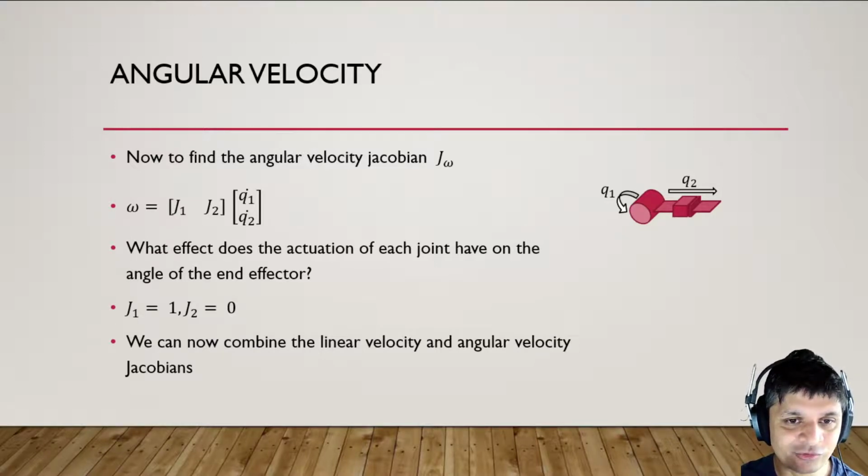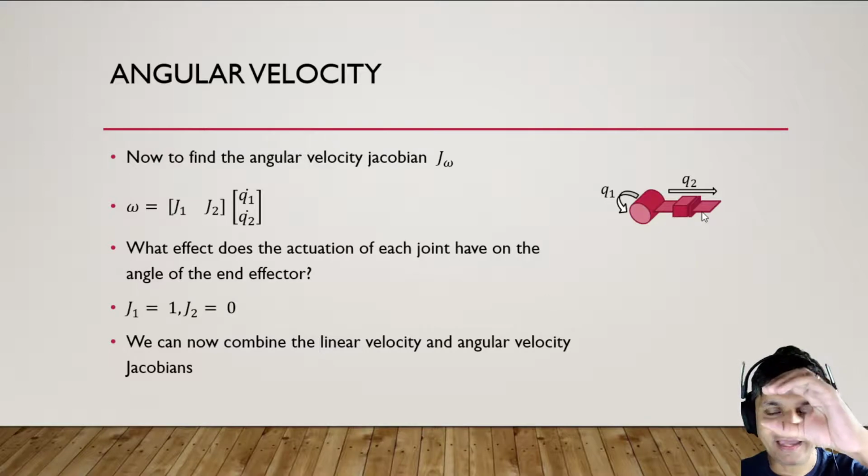Now we've got two joints. Q1 represents the state of the first joint, and Q2 represents the state of the second joint. Now if Q2 extends or contracts, what rotation does that cause in the end effector? I want you to think about that.